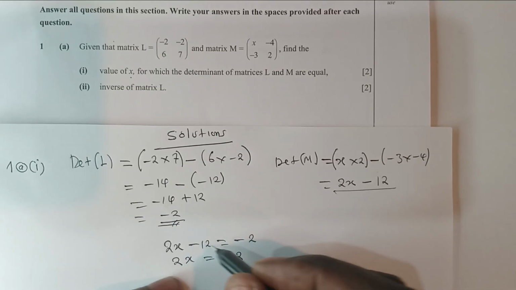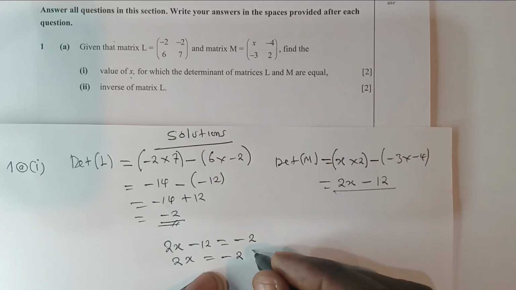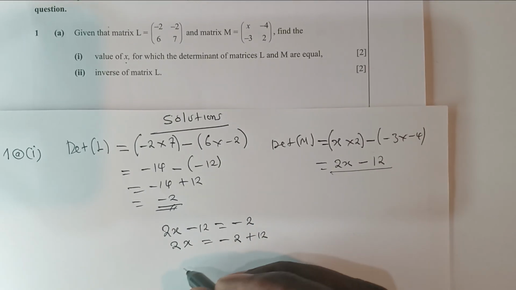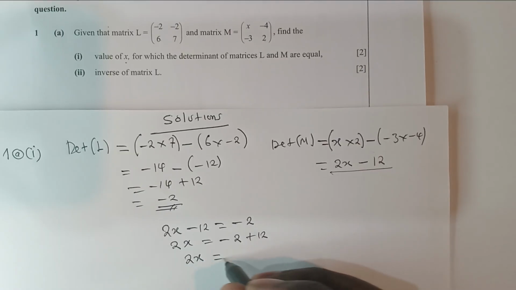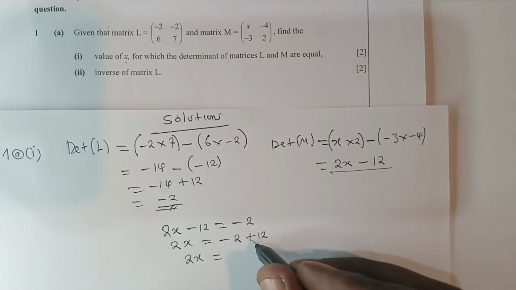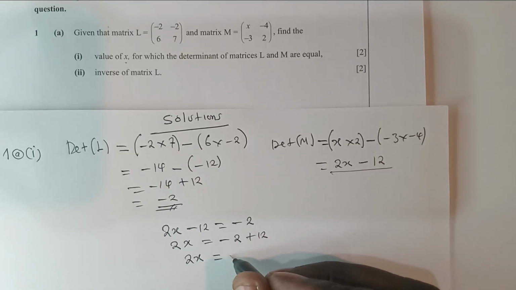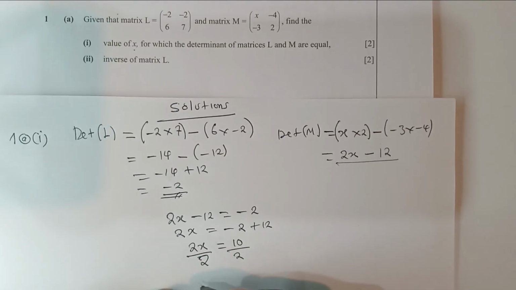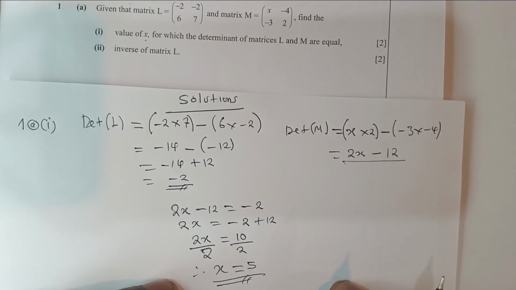Then we bring the additive inverse of -12, which is +12. So this will come to 2x equal to -2 plus 12, which gives us +10. So we can simply now divide on both sides by 2, and we can say therefore x is equal to 5. So this is the value of x.